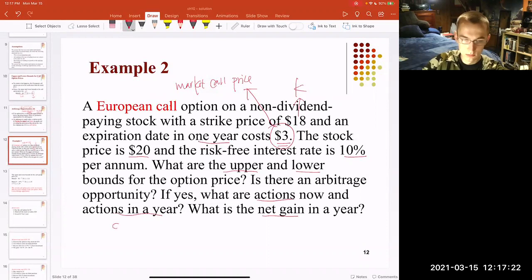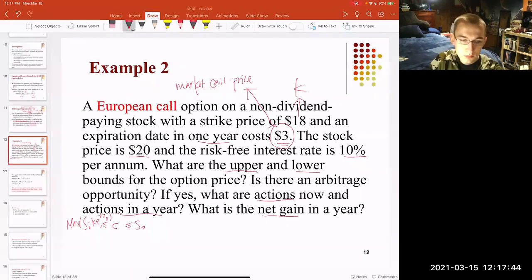First, we do the upper and lower bounds. We know the upper bound is the stock price today, and the lower bound is the maximum value between the stock price minus the discounted strike price, and 0, right?